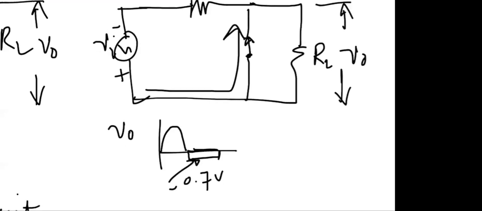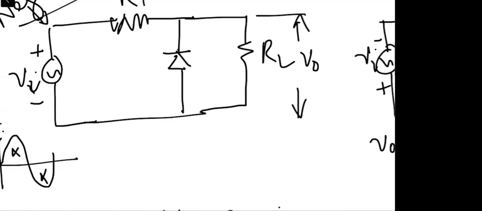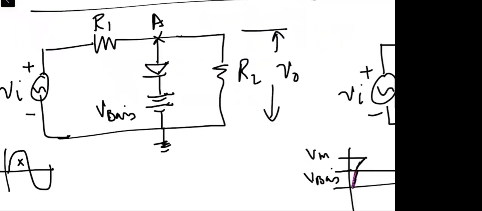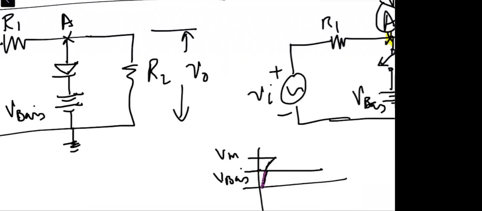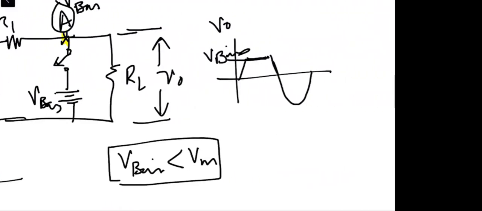So again, when we consider the bias limiter circuit, we have seen what happens when we consider the diode as an ideal diode, and we obtain the value in the output like this, right?